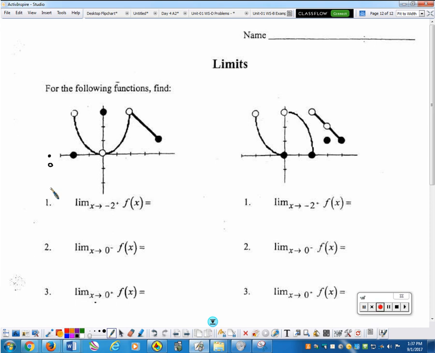This worksheet is like the best example I have so far of what it really means to understand something versus just memorizing something. I'm going to teach you how to properly read a graph, which may sound silly because you're like, well, I learned how to graph in like 6th or 7th grade.